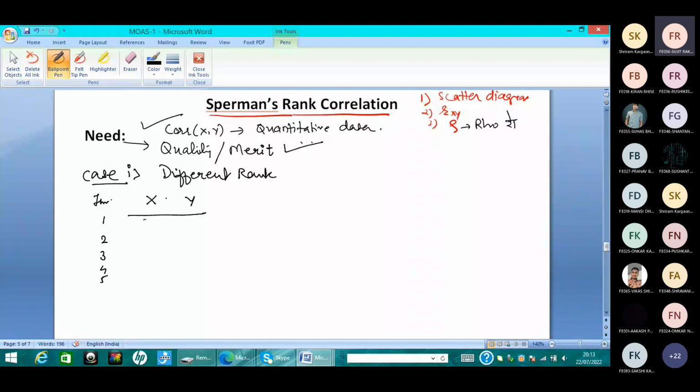So 55, 48, 102, 8, and 100, suppose this is 74.